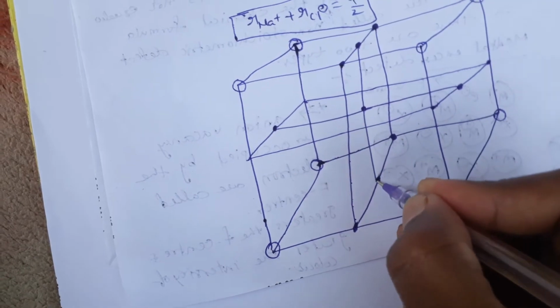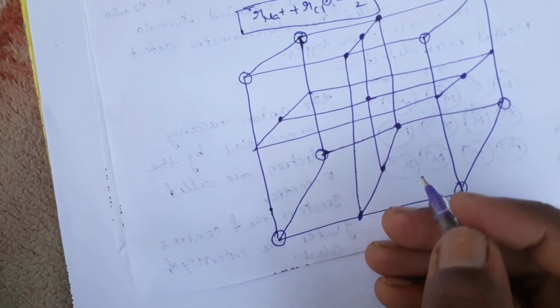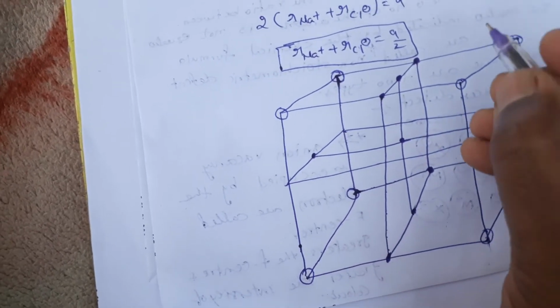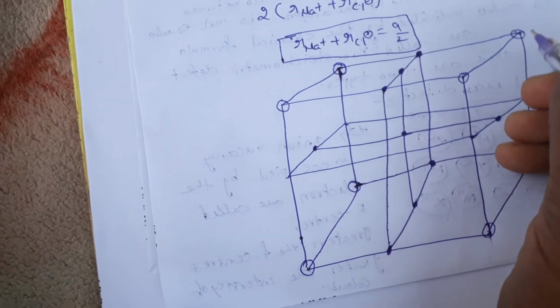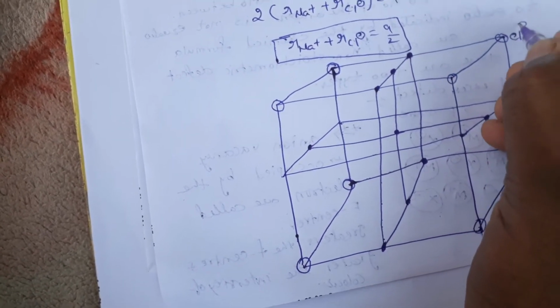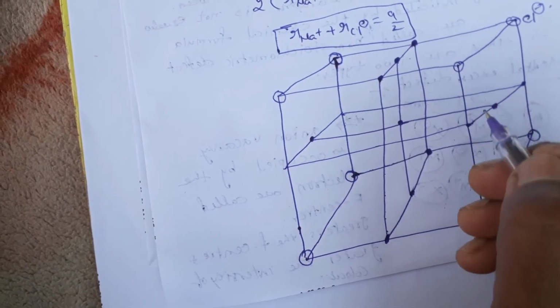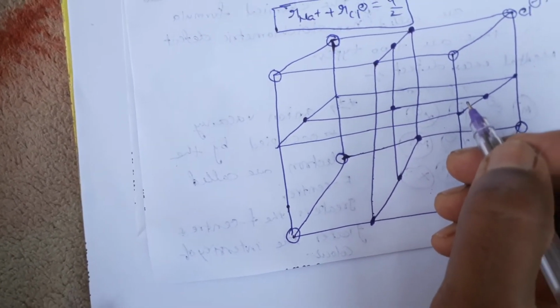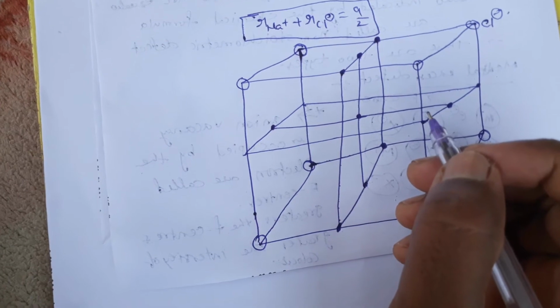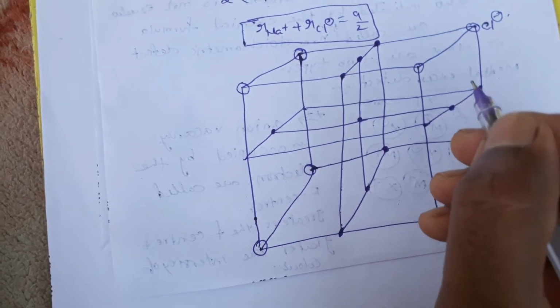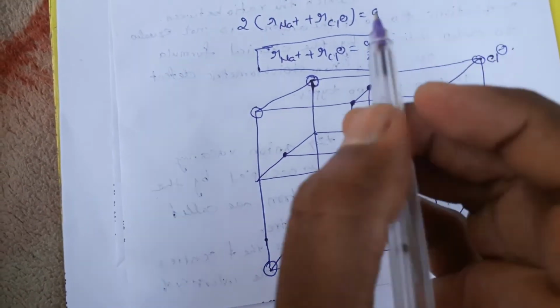So if you draw like this structure, let's assume this is Cl minus, then this is also Cl minus, and Cl minus and sodium plus are present. How many Cl minus are present?